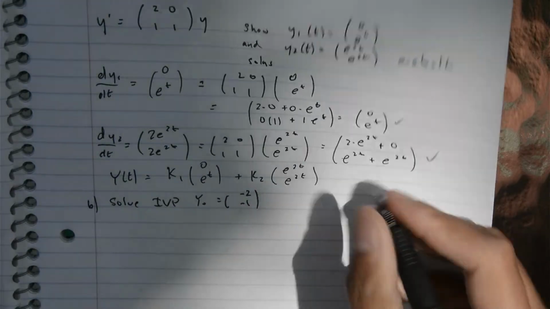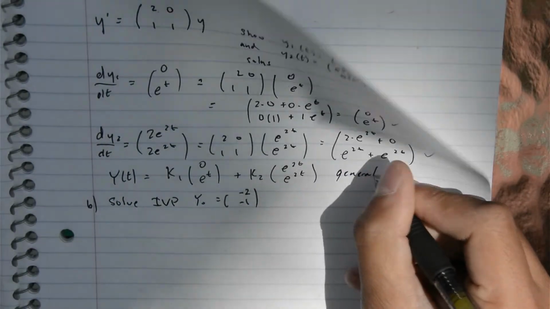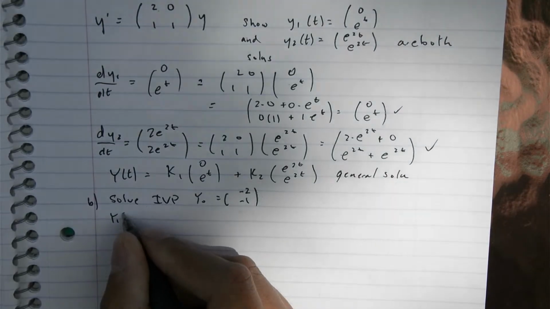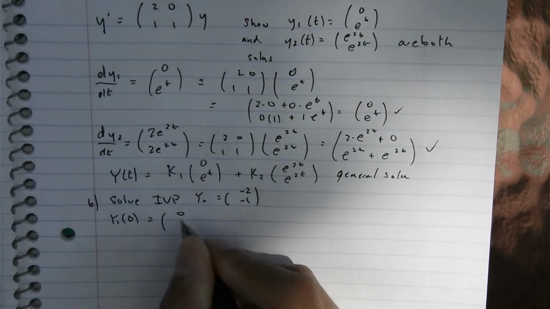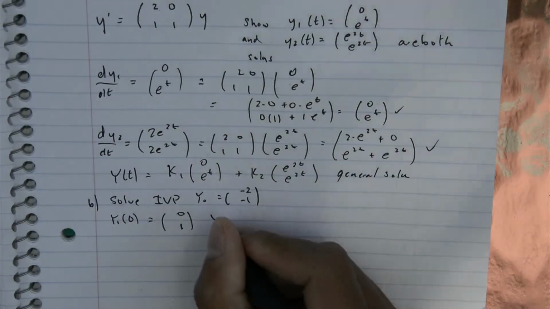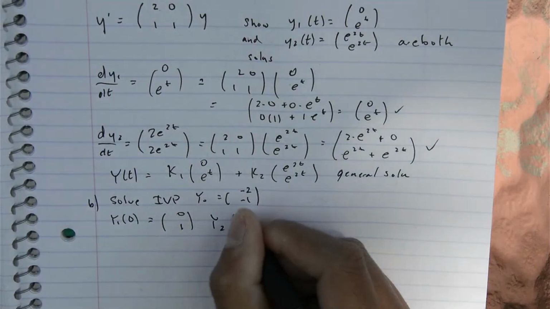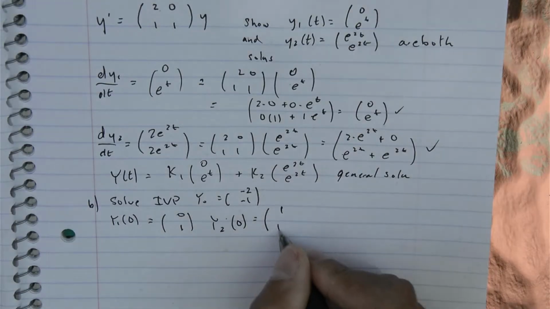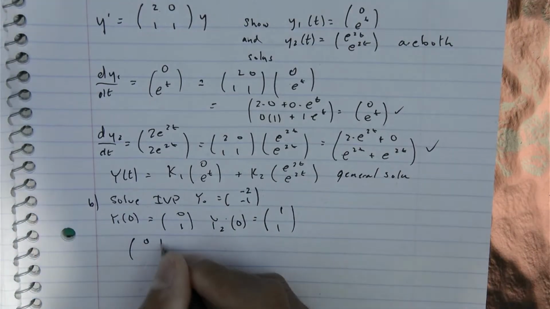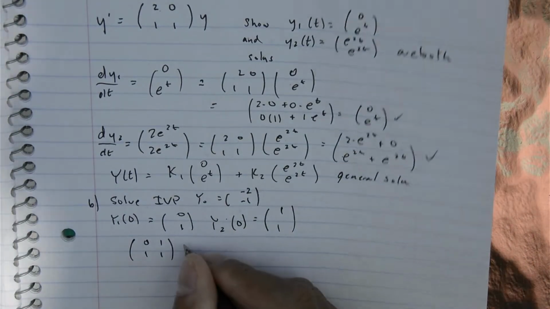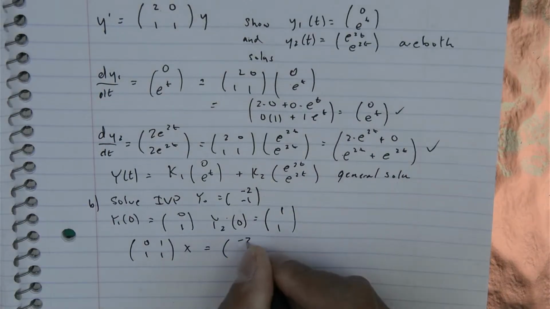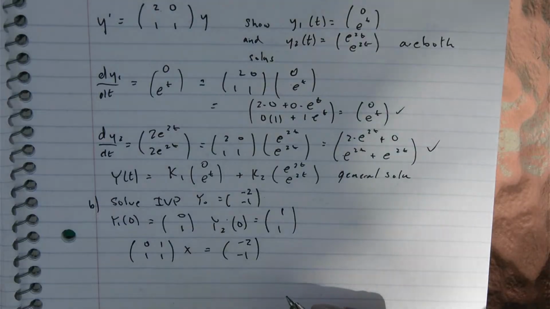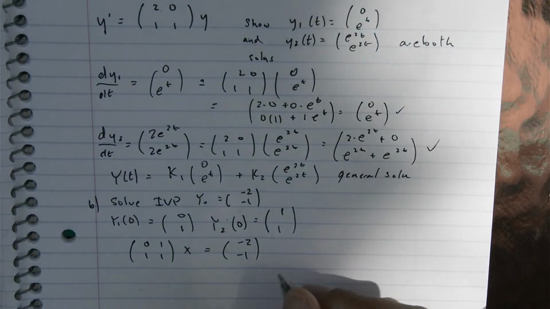I think that this is right for the general solution, but we want to solve y1(0) equal to 0, 1, and y2(0) equal to 1, 1. So then we need to solve the system [0, 1; 1, 1] times x is equal to our initial value problem, (-2, -1). I think.